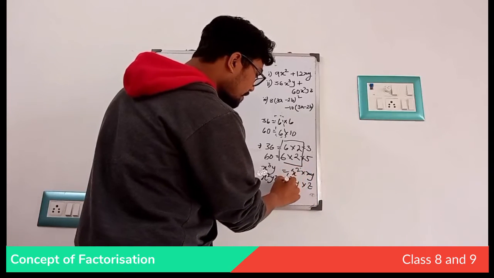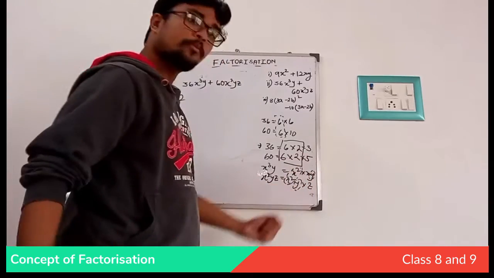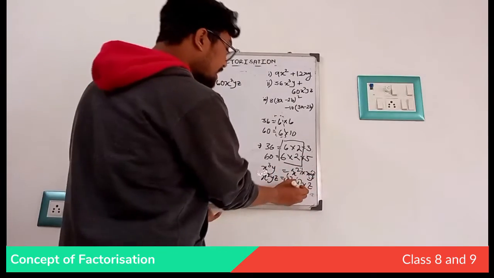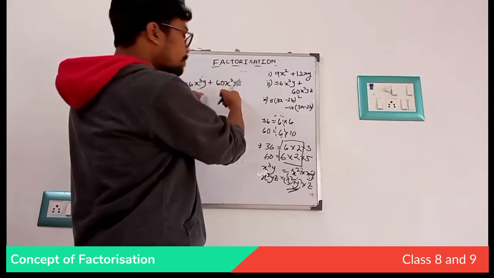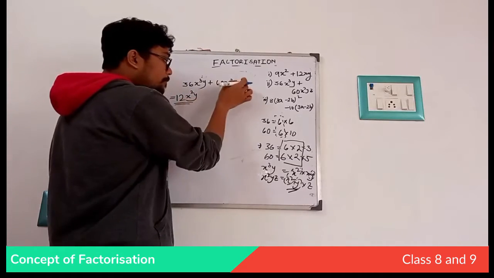So this x square and this y are the common part. So we take out x square y from both terms. So we take x square into y. This is the common part of this expression.